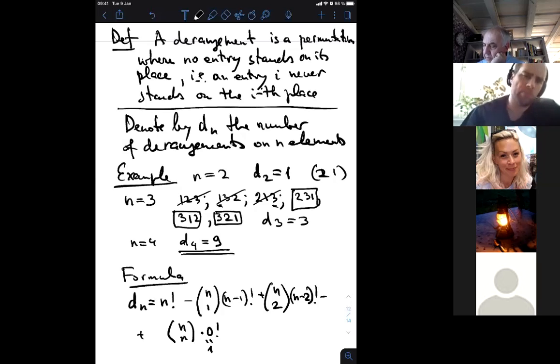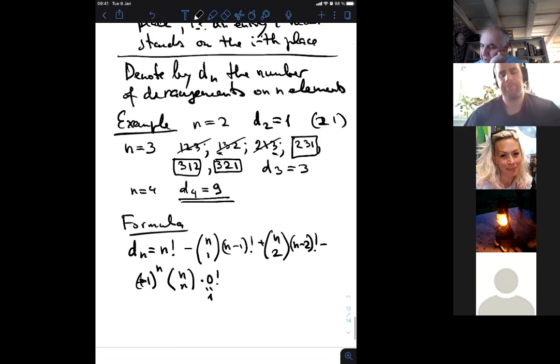This would be minus 1 power n, I guess. Okay, why does it follow from our previous observations?